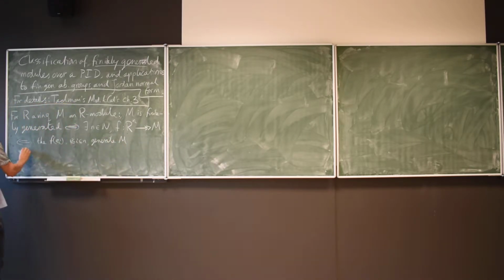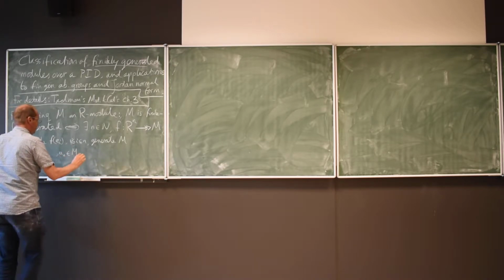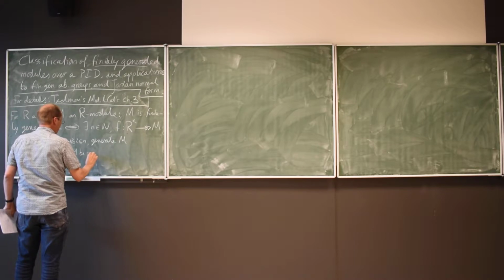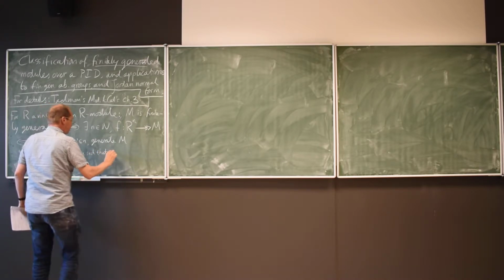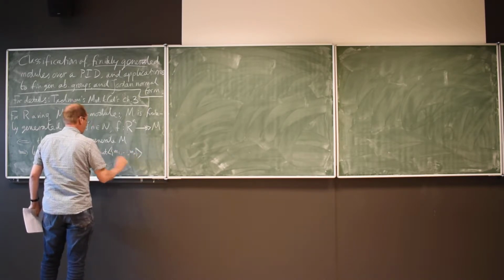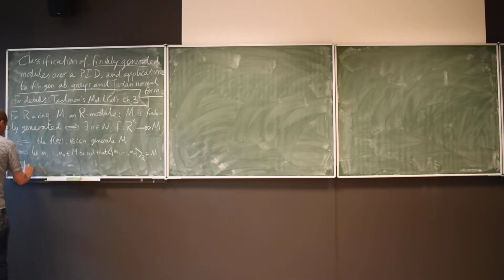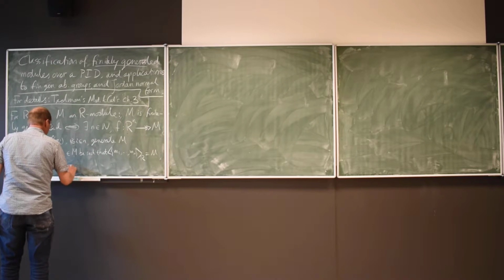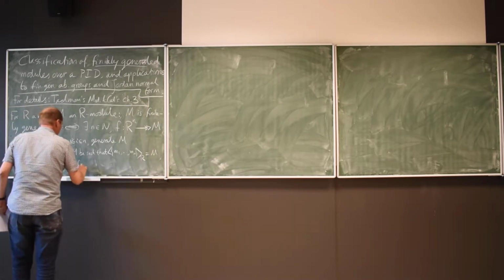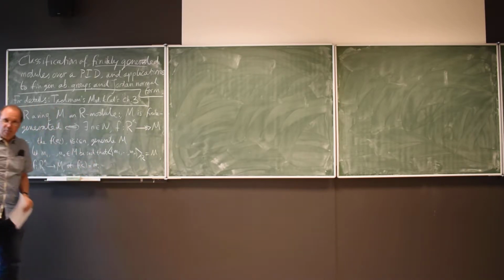And if I want to go this way, I take a finite set of generators, so let m_1 up to m_n in M be such that together as a set, if I generate the R-module with it, that is M. Then take f from R^n to M, the unique map that has the property that f(e_i) is this m_i. Right?